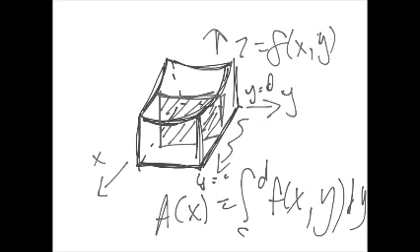So if we have x1 and we integrate with respect to y, and then we have x2 and we integrate with respect to y, we're going to have two different values. It's going to change based on where we start with x: x1, x2, x3, keep on going all the way to xn. Whatever you want to do, it's going to change. And we have A(x) equals the integral from c to d of f(x, y) dy.